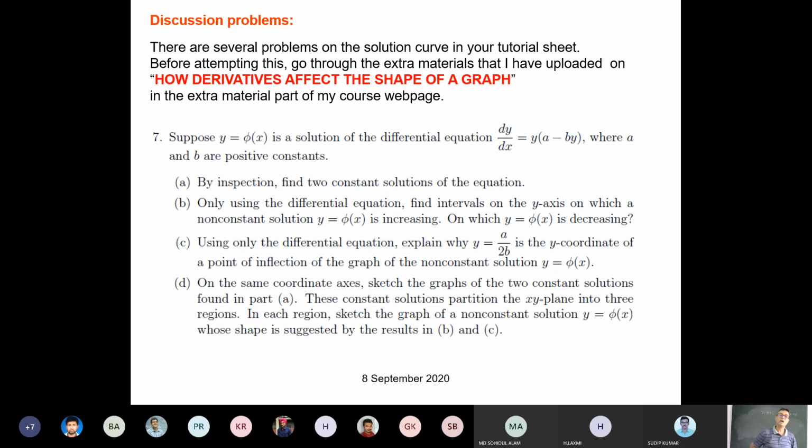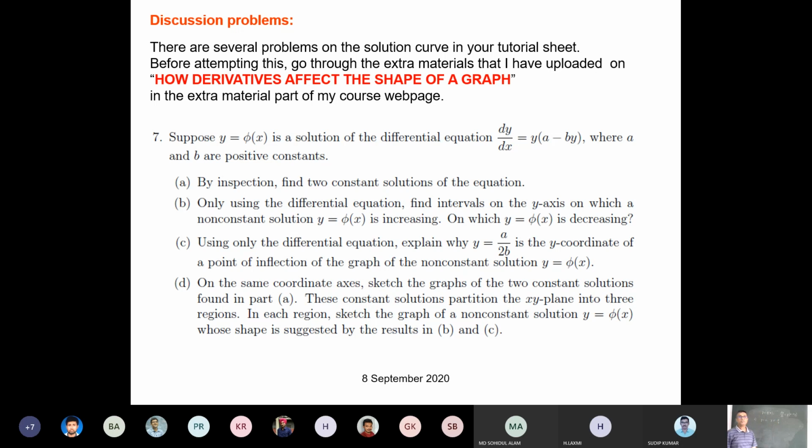Can somebody give me a way to find it? So y is equal to 0 and y is equal to a by b. Yes, simply plug in the right side equal to 0, and whatever value of y comes out of it is going to constitute the solution. So that is going to give you y equals 0 and y equals a by b.